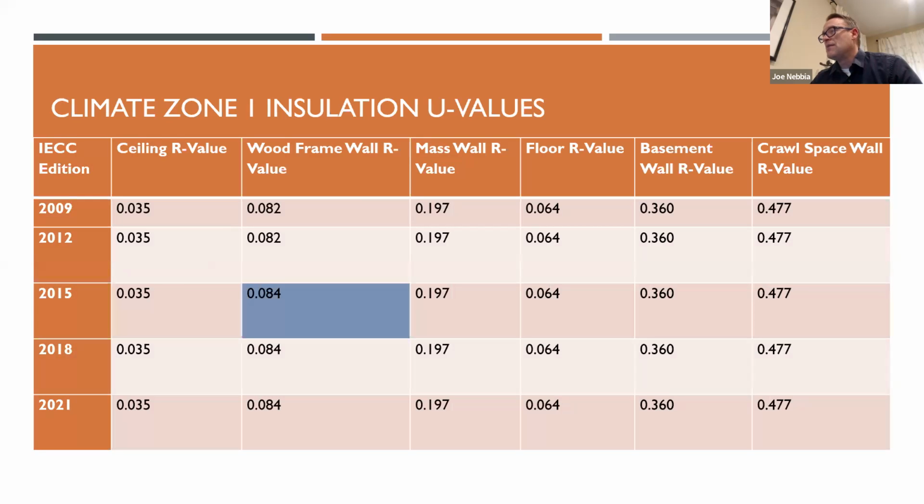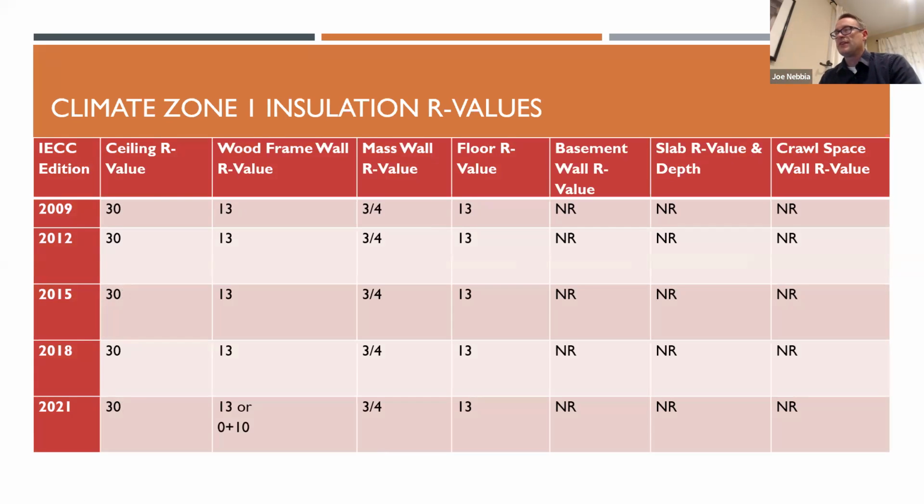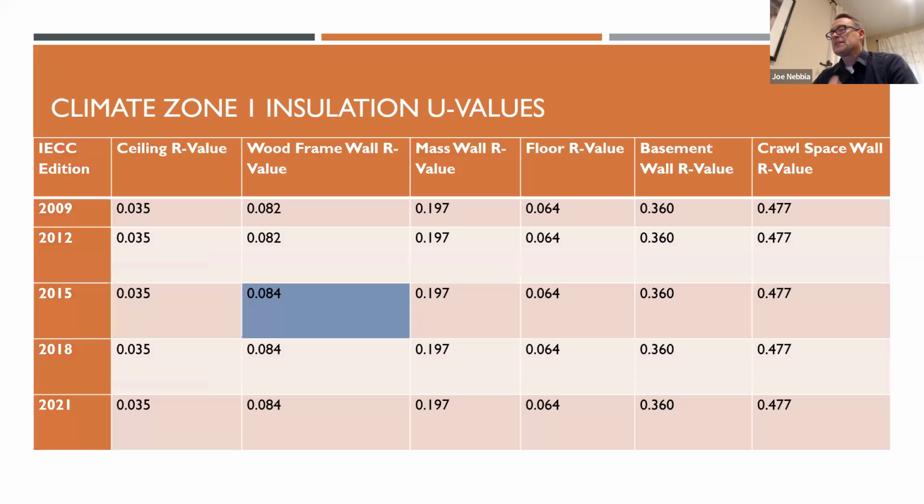There also is a table that gives U value requirements. If you don't have an assembly that fits with one of these specific things, maybe you've got a wood framed wall and you have a different R value amount. Maybe you've got a different framing factor, a lower amount of wood interrupting the insulation. You've got wider cavities, that sort of thing. You're using advanced framing and you want to take credit for that. That's going to give you some amount of bonus in the U value calculation because you have more insulation there.